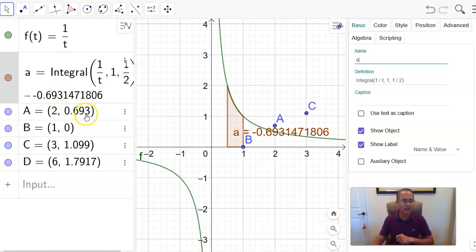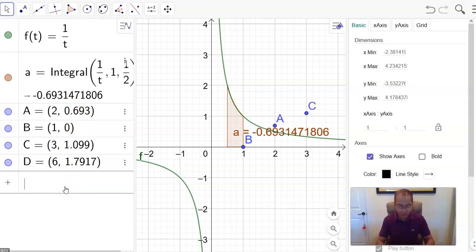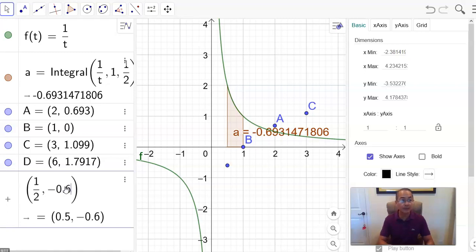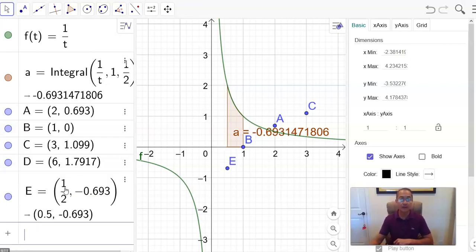We got 0.693 before. Now it's negative. Coincidence? Maybe, maybe not. So this time we will plot the point 1/2 and negative 0.693. So those 5 points will be strung together.